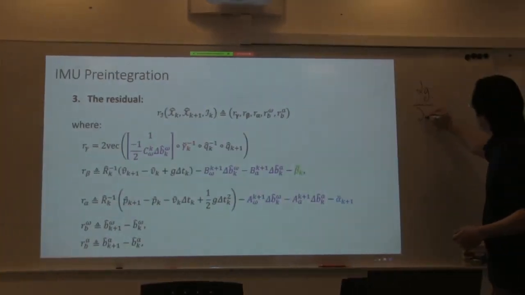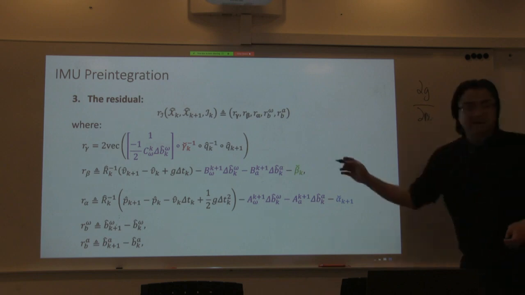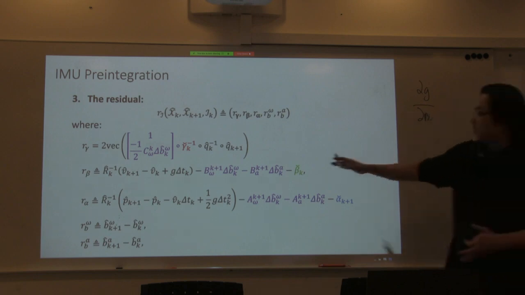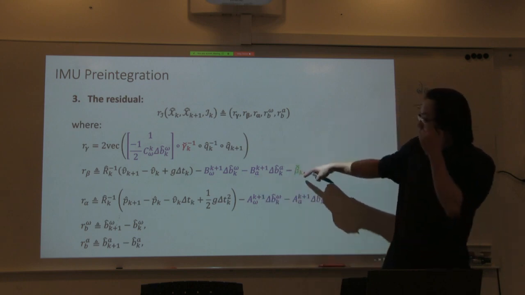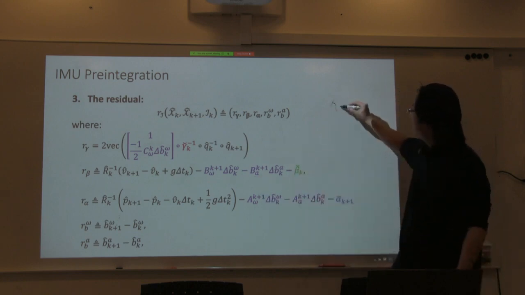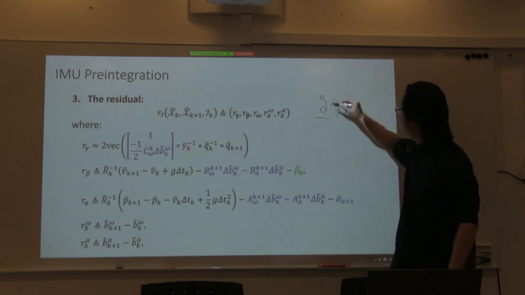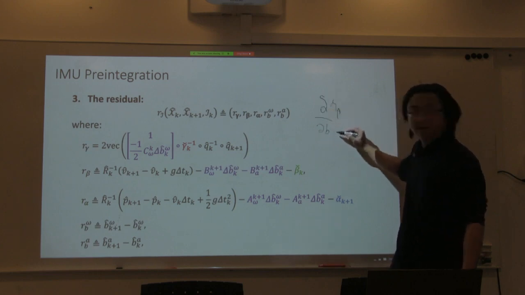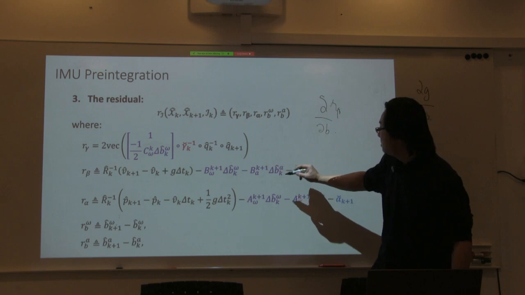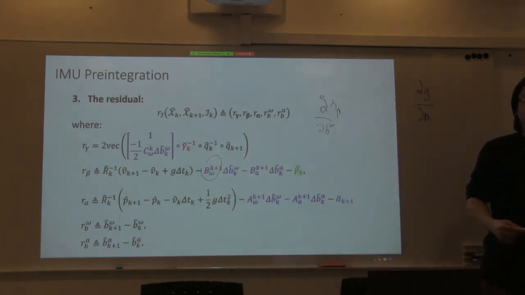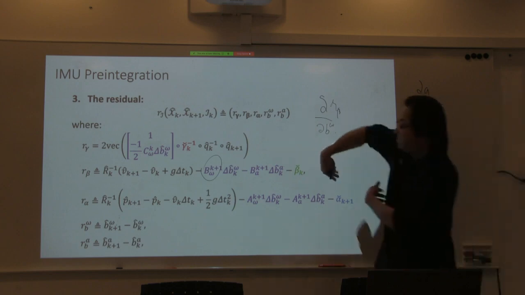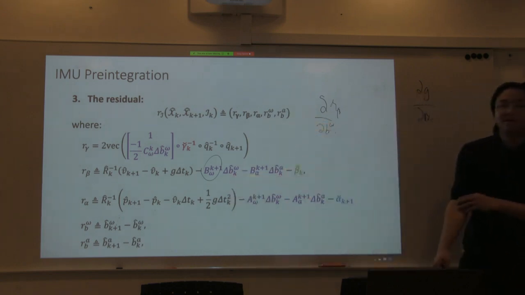This G is the B. It's a Jacobian. When you take the Jacobian of this residual, this R beta, on the bias, if you take the bias omega, what you get is only this one, and the other terms are thrown away. You can just keep this one.